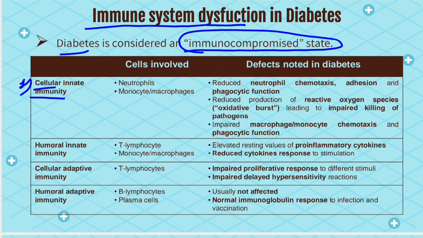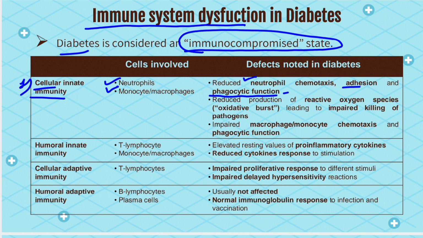For cellular innate immunity, the neutrophils and monocytes or macrophages are responsible, but in any patient with diabetes there is a defect in neutrophil chemotaxis, adhesion and phagocytic function against any infection, which is a natural function of neutrophils.